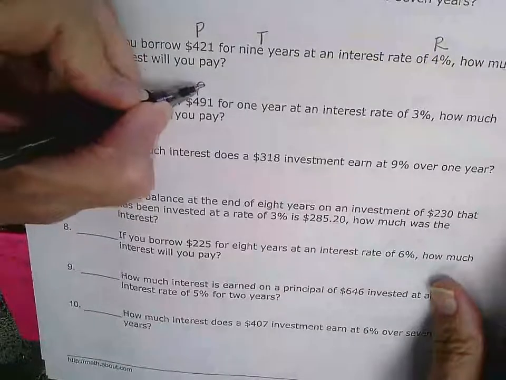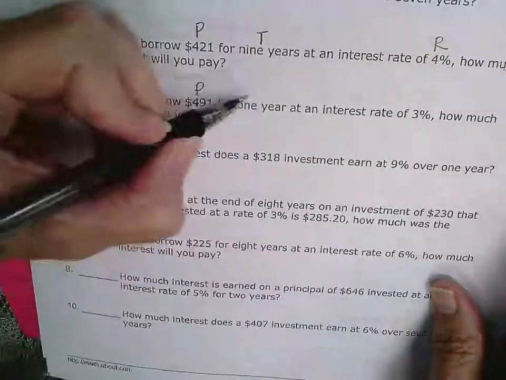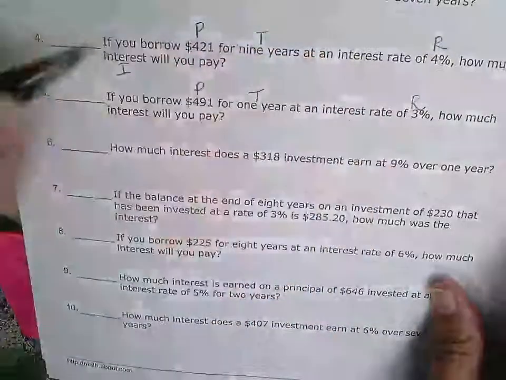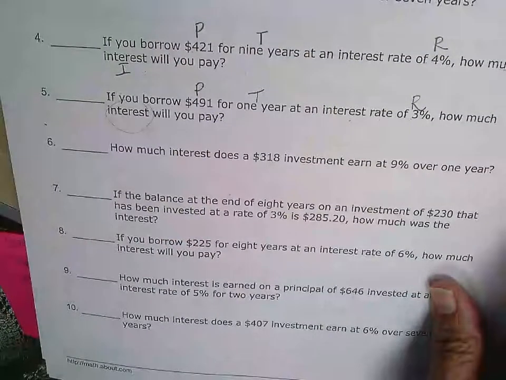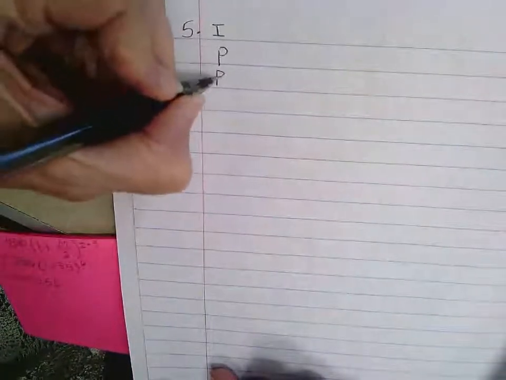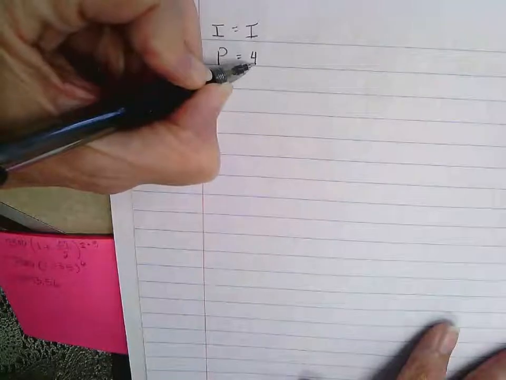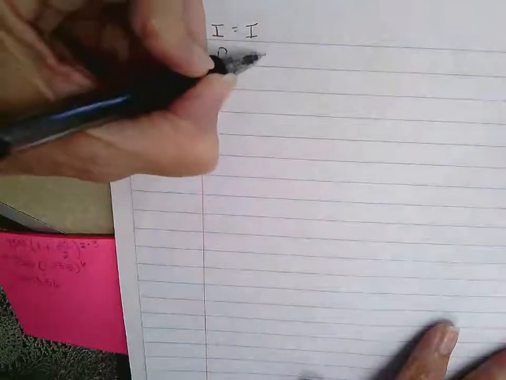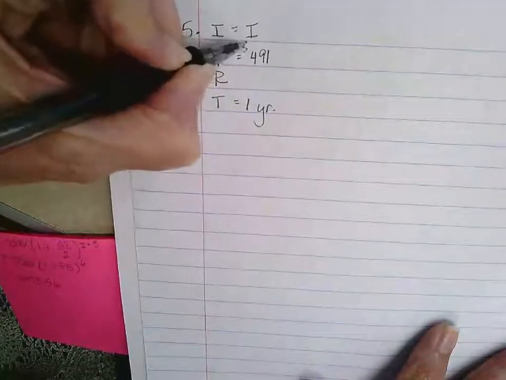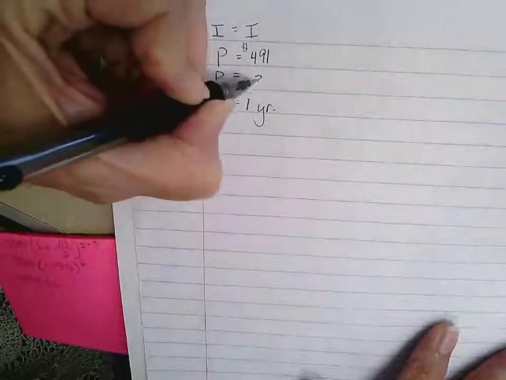So here's my principal, here's my time, interest rate of 3%, there's my rate, and how much interest will I pay? PRT. And the rate is 3%.